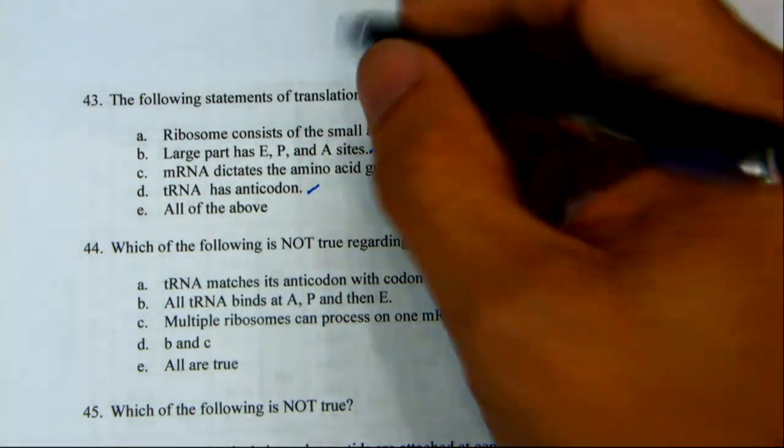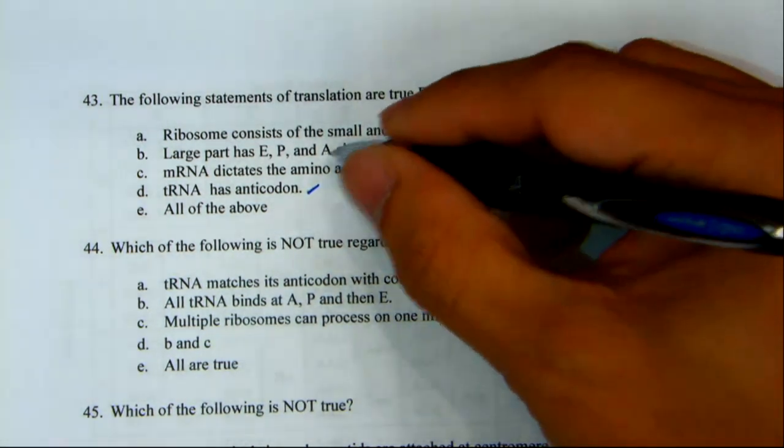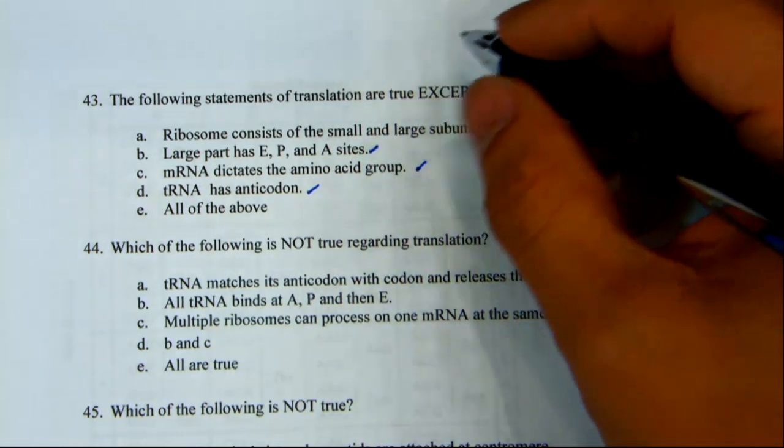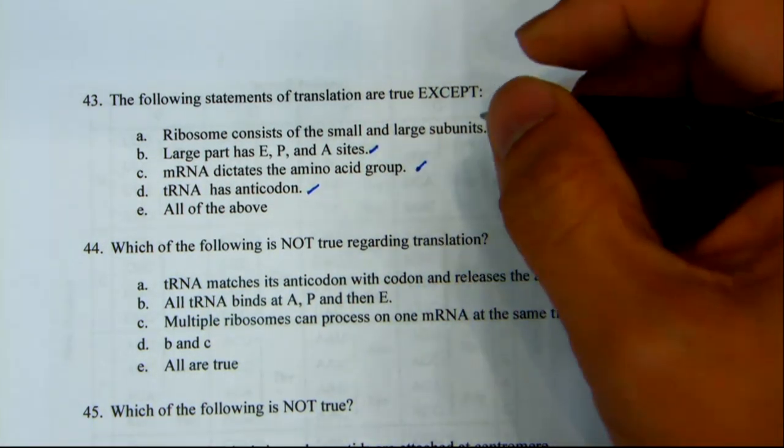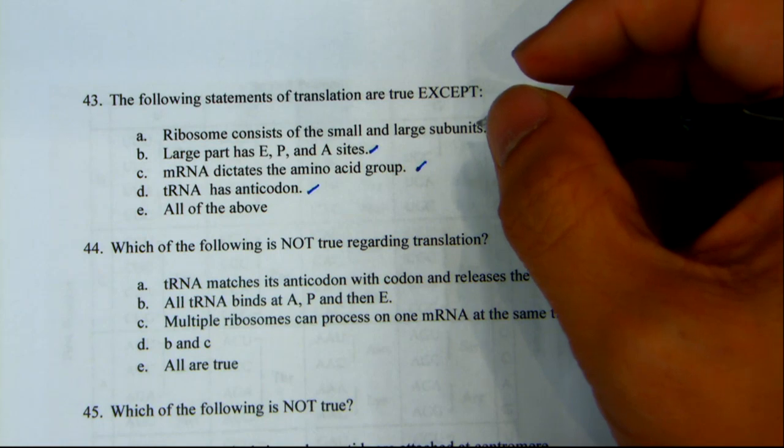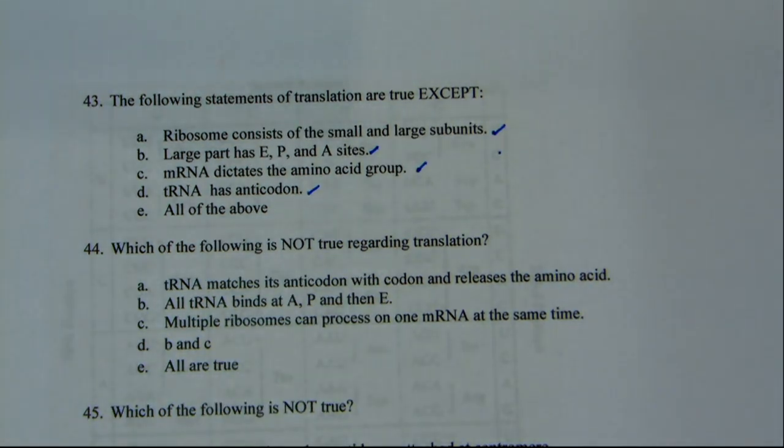Let's talk a little bit about large and small. Since the large subunit has E, P, A, the mRNA actually is the one that dictates, but tRNA has the anticodon to match, to make sure that it's correct.